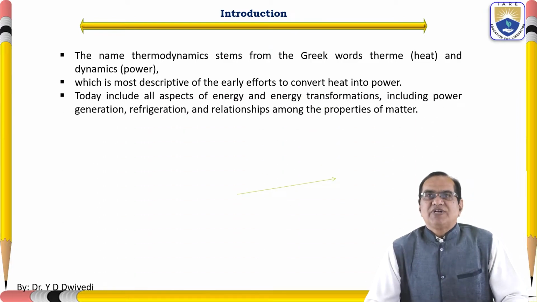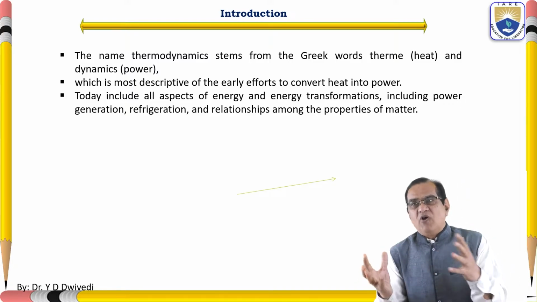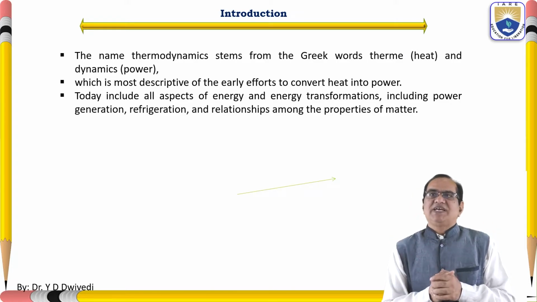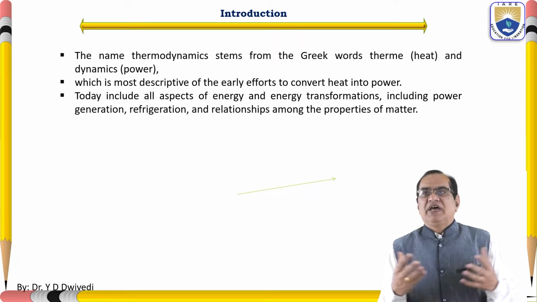Today it includes all aspects of energy and energy transformation, including power generation, refrigeration, and relationships among the properties of matter. So in olden days it was how we can convert heat to power, and this was known as thermodynamics.